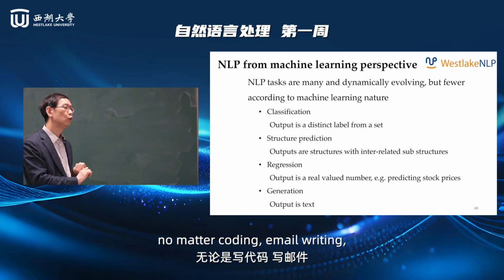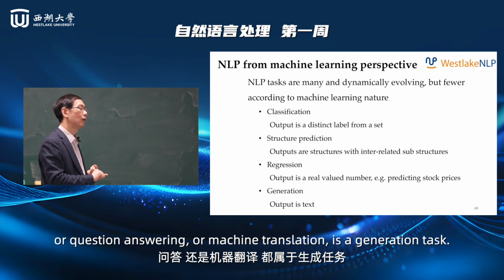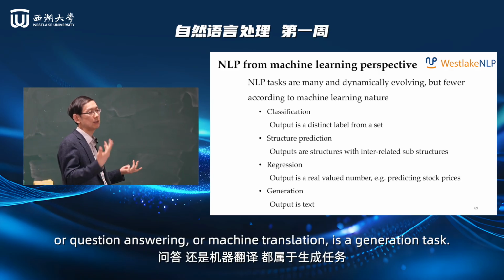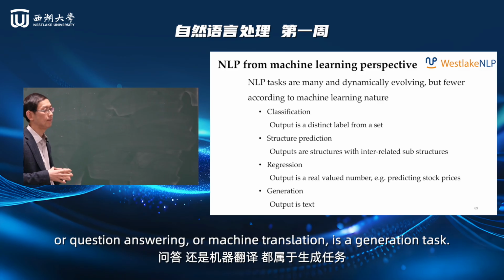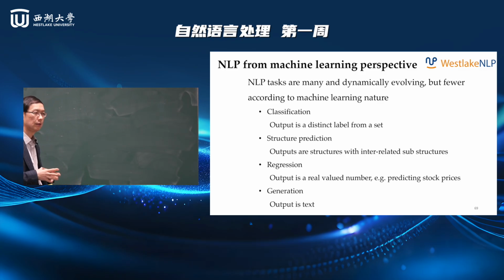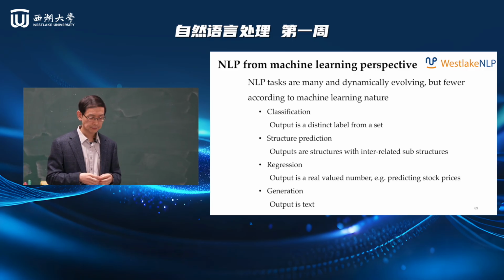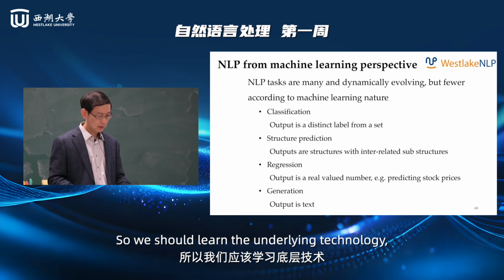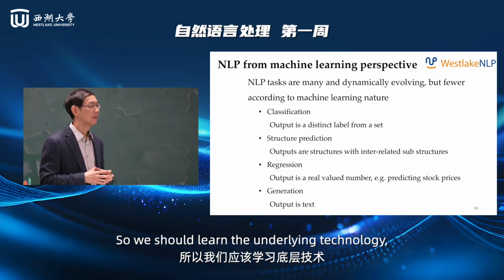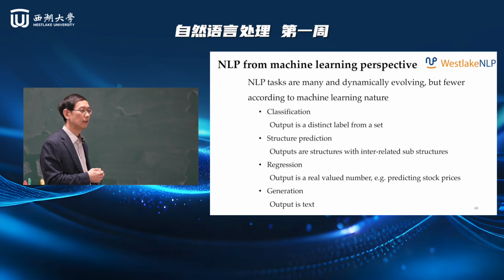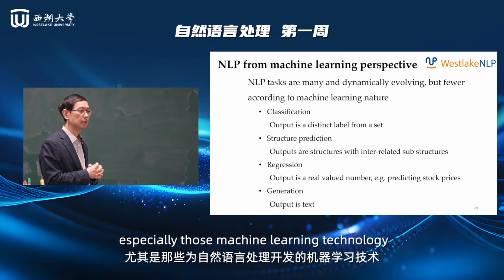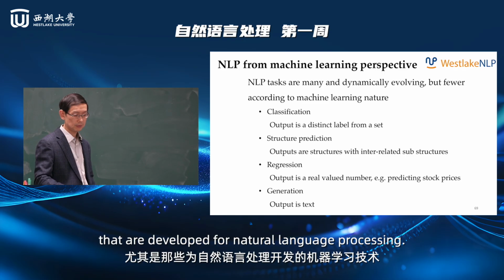No matter whether it's coding, email writing, question answering, or machine translation, it's a generation task. So the nature of the tasks, the machine learning of the tasks, is relatively stable. So we should learn the underlying technology, especially the machine learning technology that was developed for natural language processing.